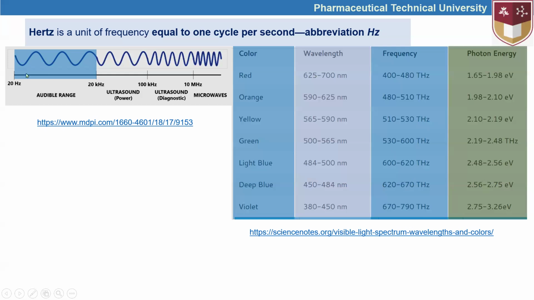This is the audible range that humans can hear, from 20 hertz to 20 kilohertz, which means from 20 to 20,000 hertz.